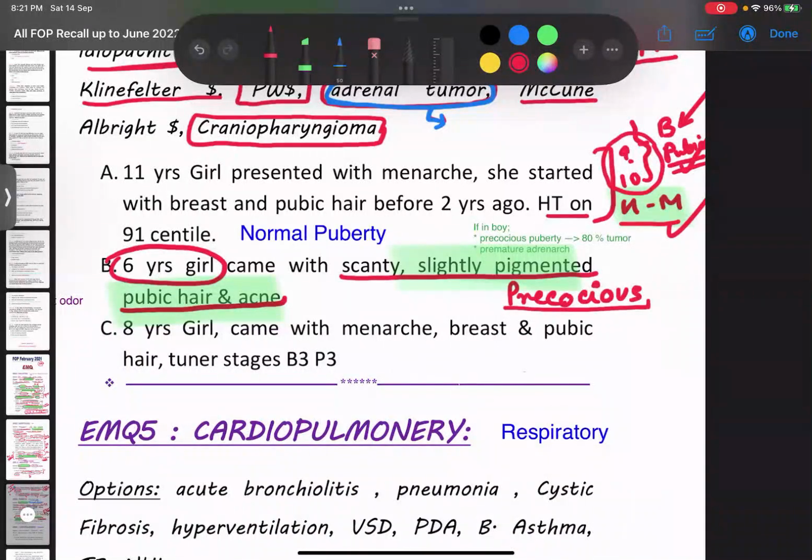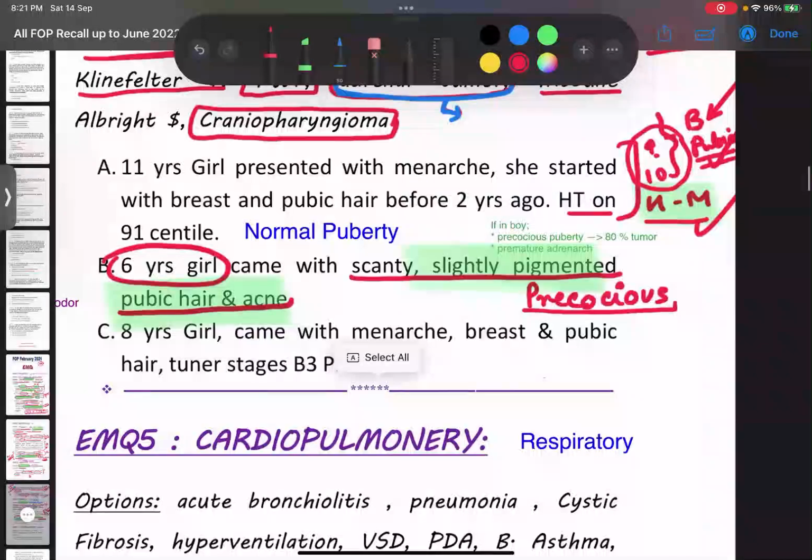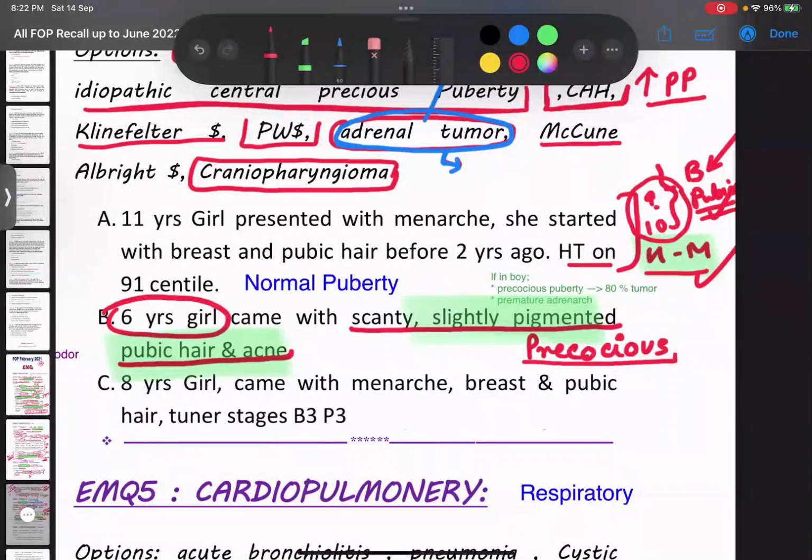But this is not a very aggressive scenario that they have provided. If it is a case of adrenal tumor, it's a possibility. It could be the initial state of adrenal tumor, where the cortisol, aldosterone, and testosterone, everything is rising. The child will have increased blood pressure, increase in the height due to the effect of the testosterone. There will be features of pubic hair, axillary hair, acne, adult type of body hair.